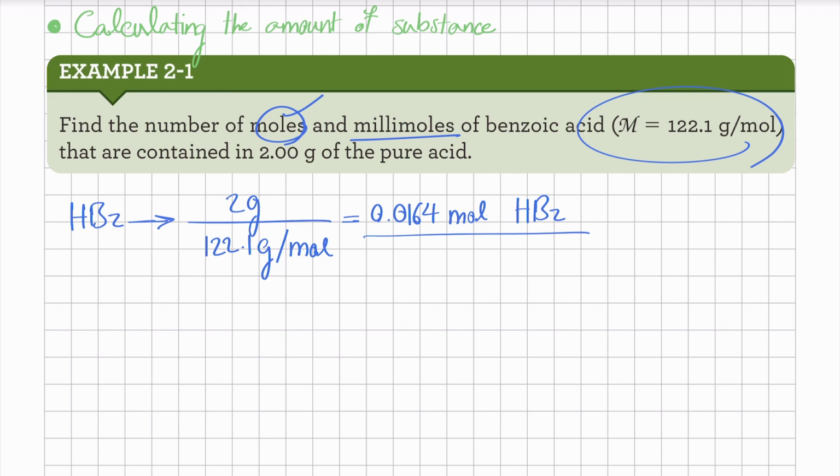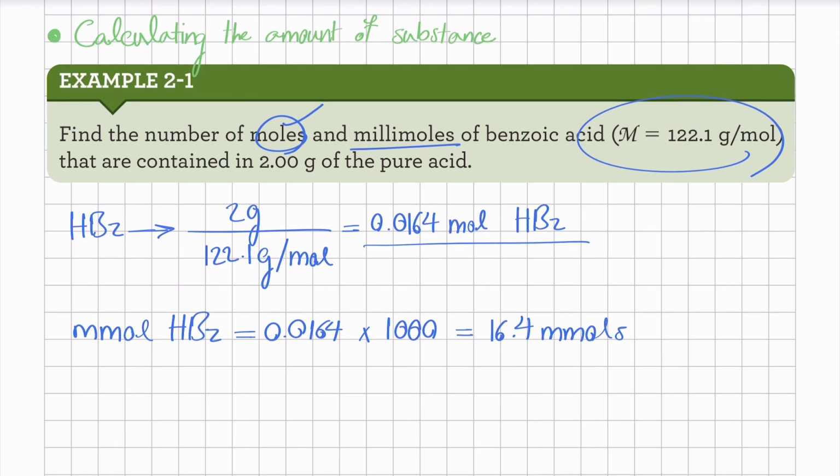So here, the millimoles of benzoic acid is going to be 0.0164 times 1000, which is going to be 16.4 millimoles. I guess that's really simple. Now, let's go to the next question.